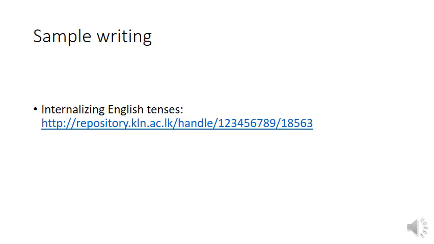We will have one more sample writing, a report on research, courtesy of the University of Kelaniya. The research report is on internalizing English tenses.